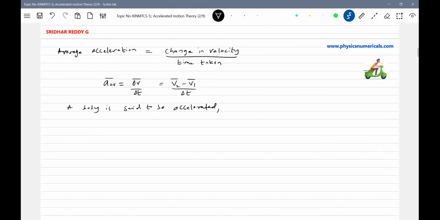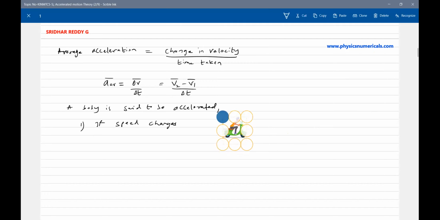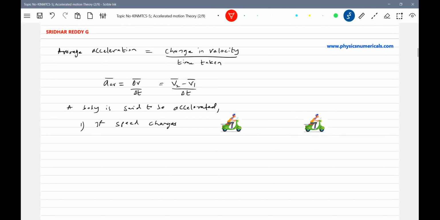A body is said to be accelerated, first case, if speed changes. So what do we mean by speed changes? There's an example I'll give. Look at the speed of the body. It is moving with 20 kilometer per hour.